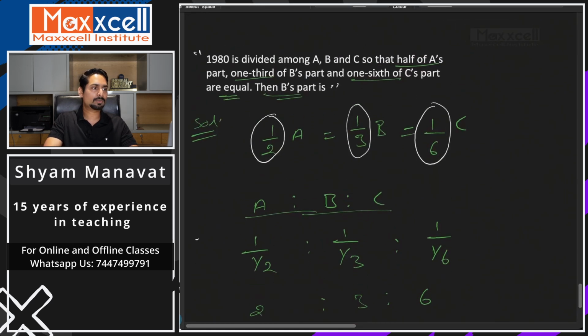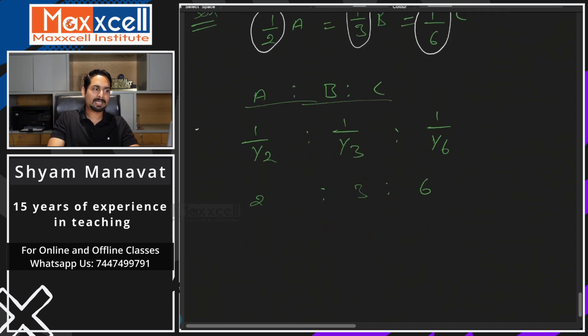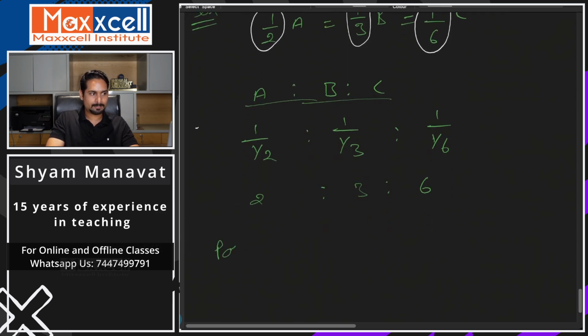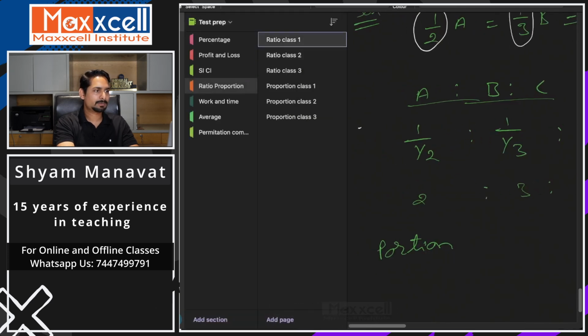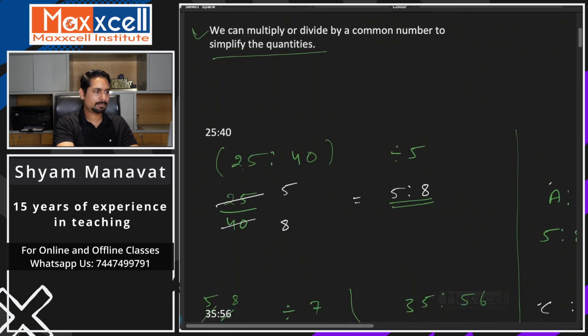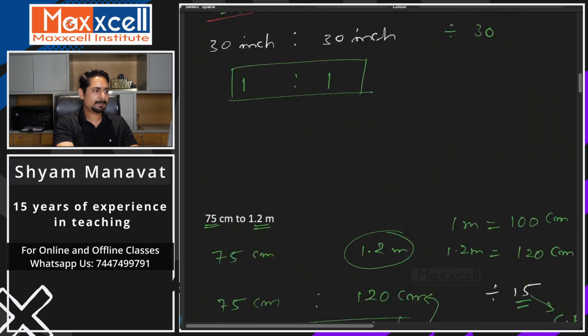Now the question said the total value of ABC put together is 1980, and we need to find out B's part. Can I use the portion method here? What is the portion method? Let me take you to the portion method again.